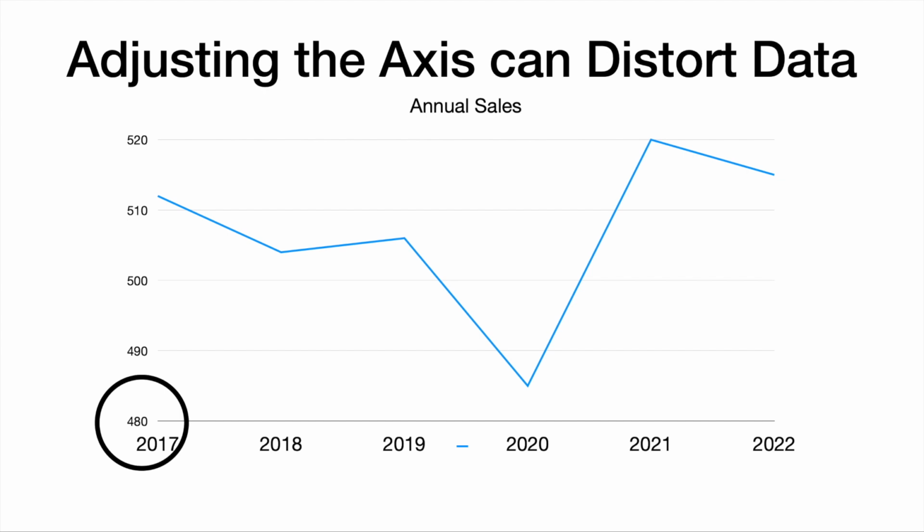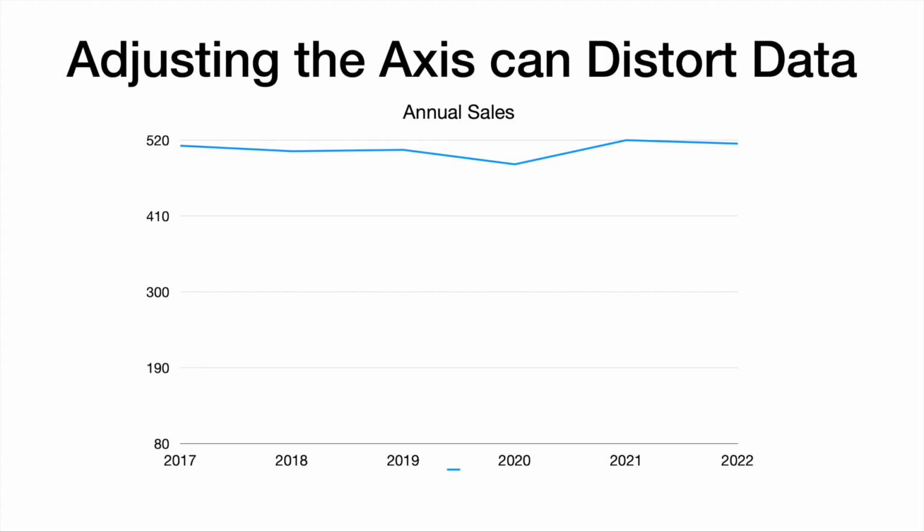So here, 2020 is a disaster. Here, 2020 is a bit of a dip. So in both cases, it's the same data, but they're telling quite different stories in each of the slides.